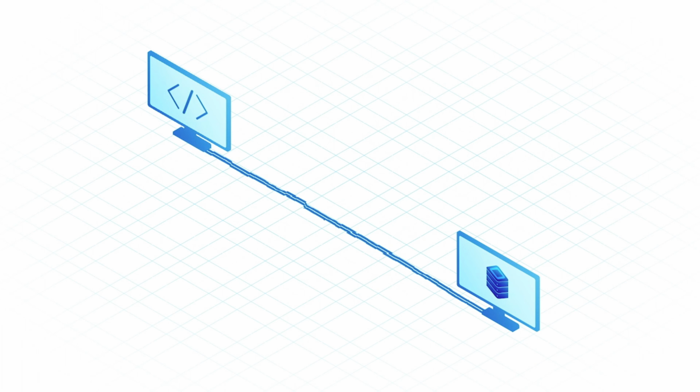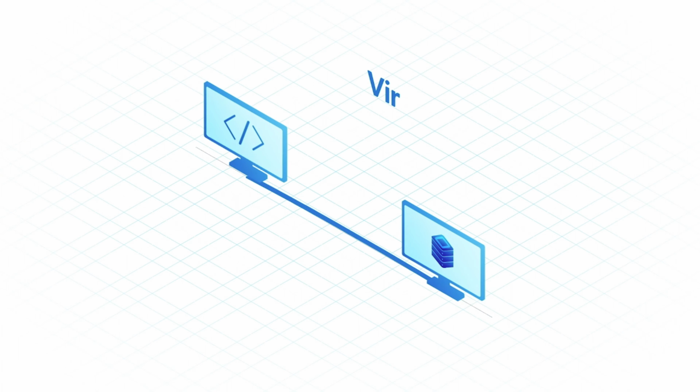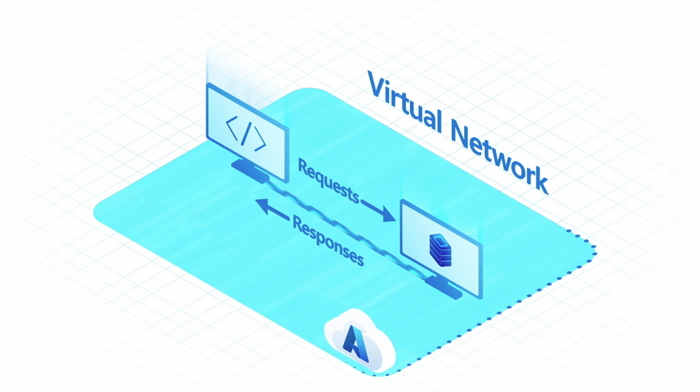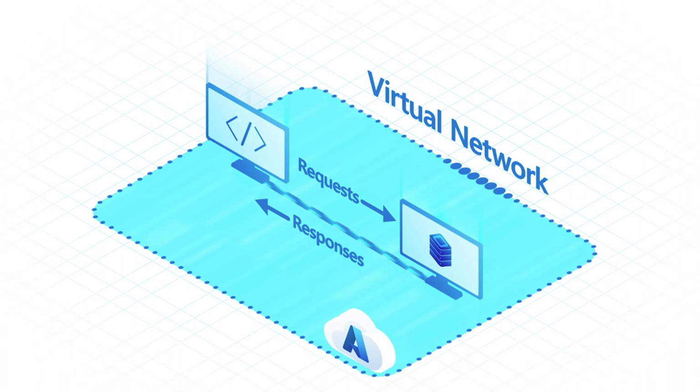Imagine two virtual machines in Azure, one hosting a web application and another hosting a database, and you want them to communicate securely and efficiently. By creating a virtual network, the web application can send requests to the database server and receive responses, all while maintaining a secure connection and minimizing latency, ensuring your website runs smoothly and securely.